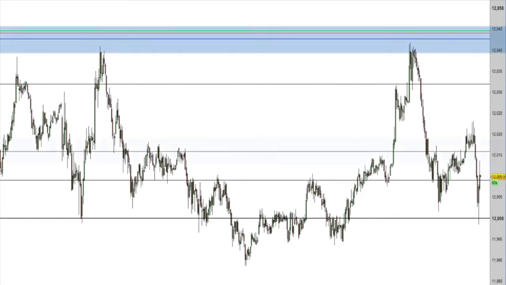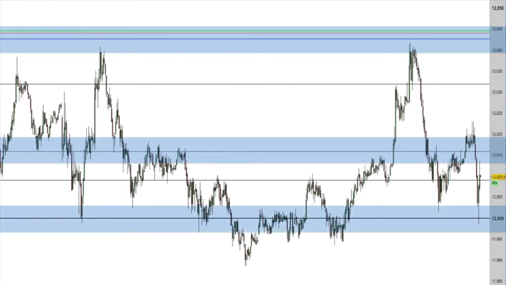We never know precisely how price will react to a certain level until it reacts, which is frustrating, but it's a fact, it's the truth in trading. And what we do know is that some kind of reaction is likely at these levels, and therefore we can plan our trades around these levels accordingly.